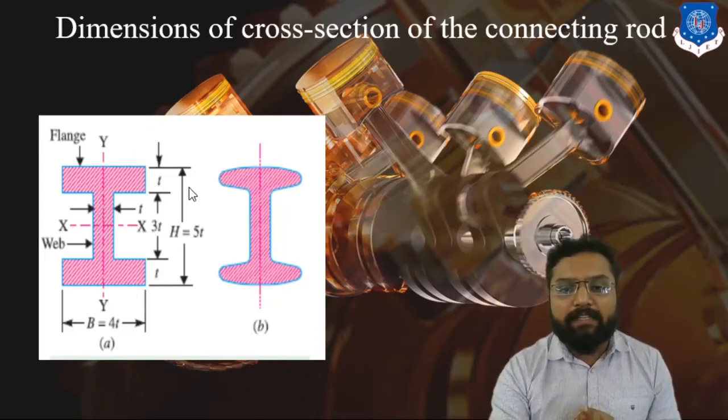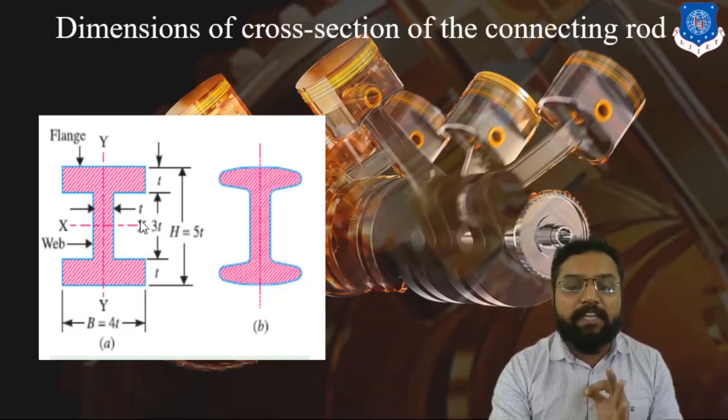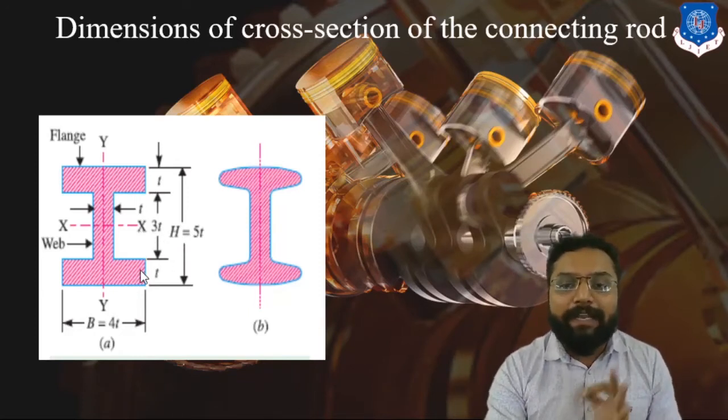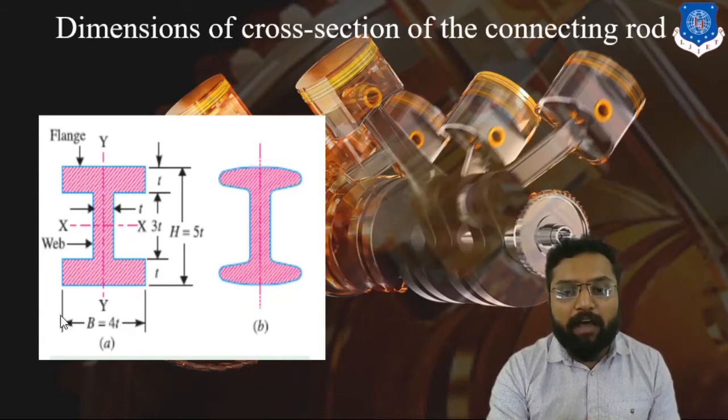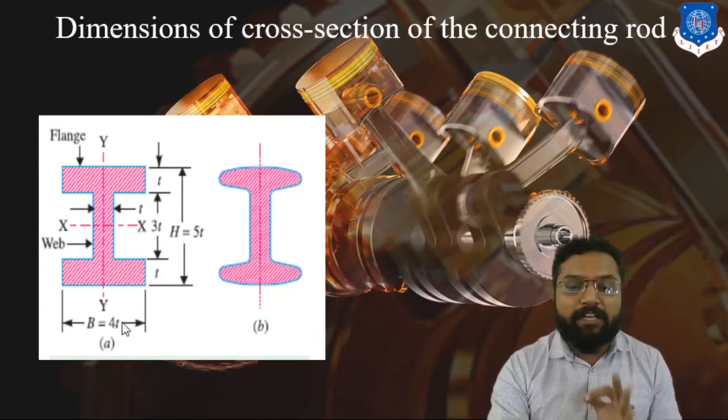All the dimensions, the height of the web and the height of the flange, are also in terms of t. Here the overall height is 5t, the height of the web is 3t, and the thickness of web and flange is only t. And the base of our connecting rod I section is 4t.